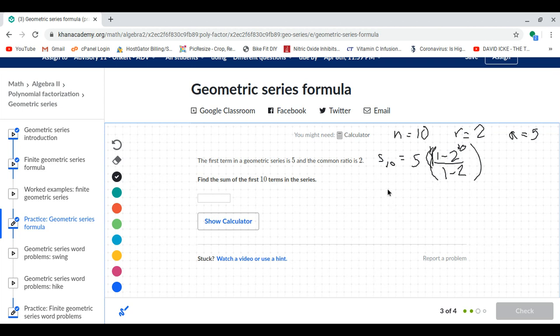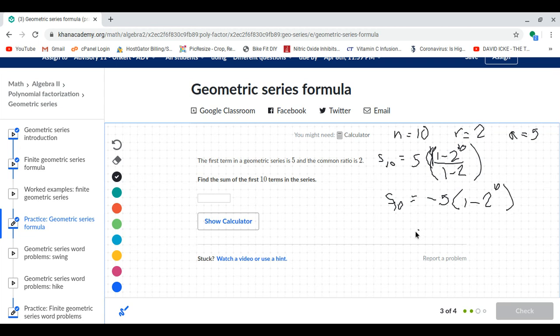Okay, so the sum of the 10 terms, I'm bad at writing 10 here. 1 minus 2 is -1. 5 divided by -1 is -5. So it's going to be -5 times 1 minus 2 to the 10th power.